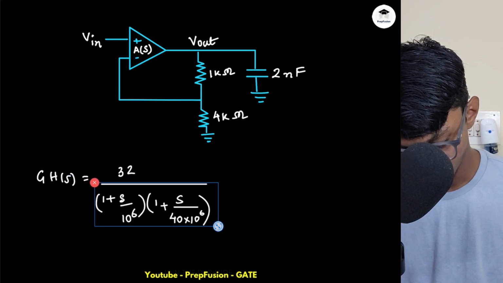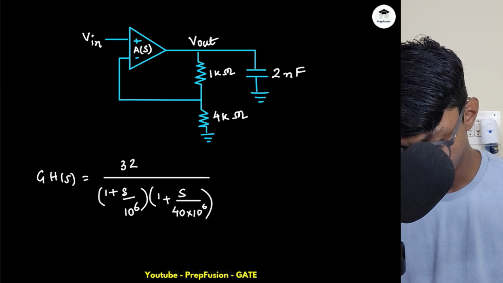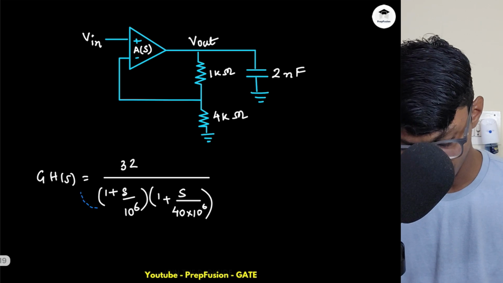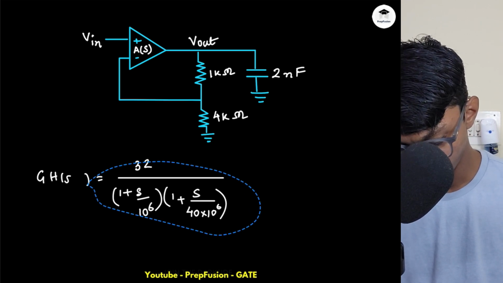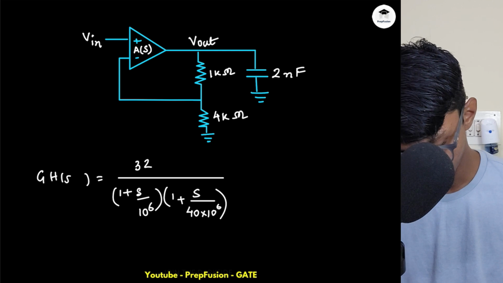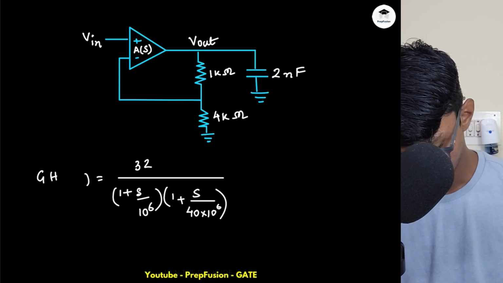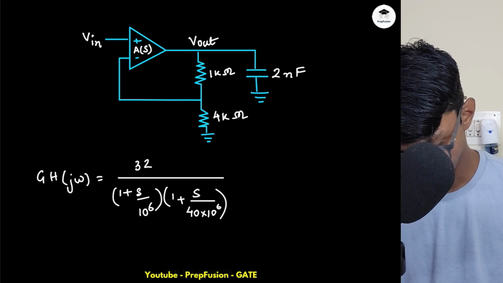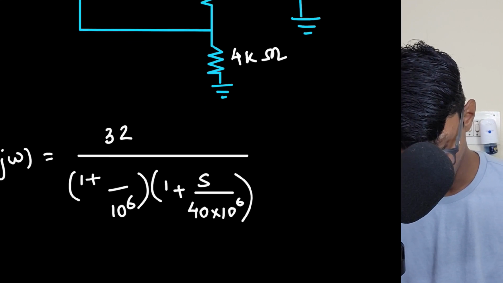By this, and let me write it in terms of frequency, right? In terms of frequency, because in the frequency domain, what do we do? We replace S equals to j omega. So all this will be replaced by S equals to j omega.